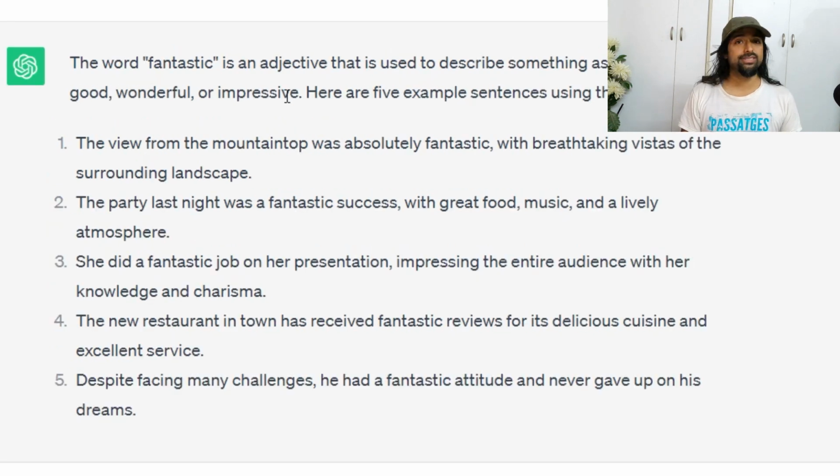So the word fantastic means something which is very good, which is amazing, lovely. It has also given some examples of how to form sentences. The view from the mountaintop was absolutely fantastic, with breathtaking vistas of the surrounding landscape.